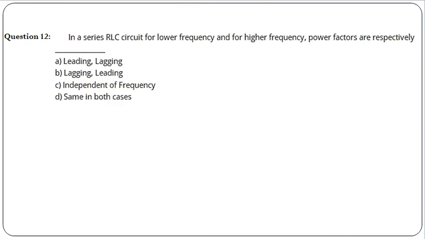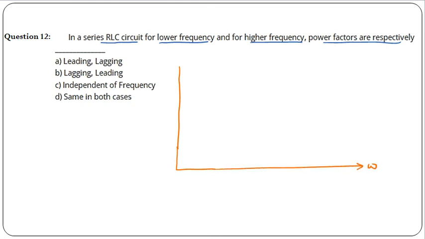Next question is, in a series RLC circuit, for the lower frequency and for the higher frequency, the power factors are respectively. So for this question, let us draw the impedance versus frequency curve. This is mod Z versus frequency. In a series RLC circuit, at the resonating frequency the impedance is minimum. Okay, so it will look like this.